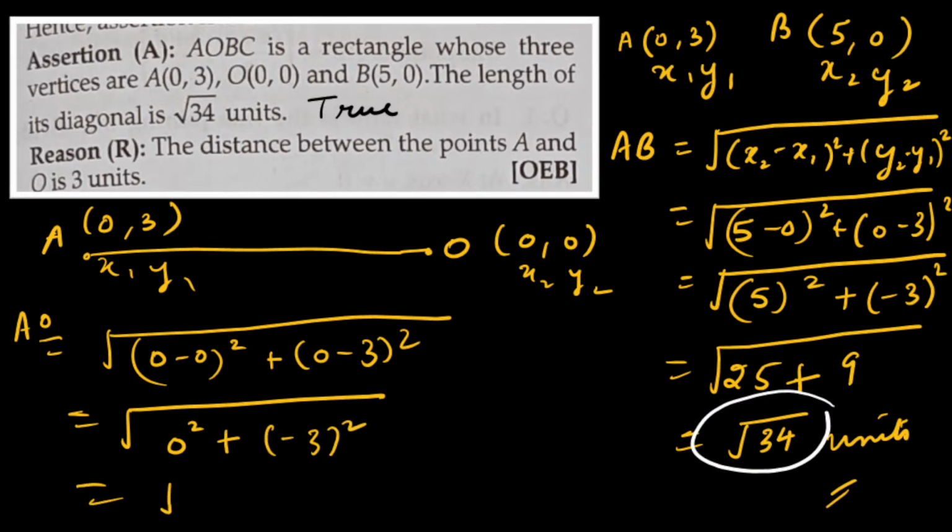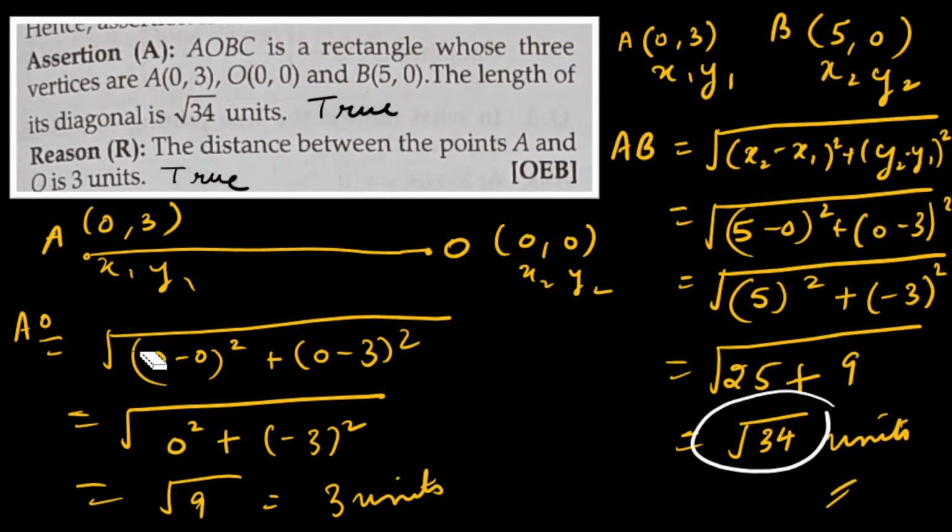Ultimately you will get square root of 9, which is equal to 3 units. The same thing they have mentioned here, so this is also true.